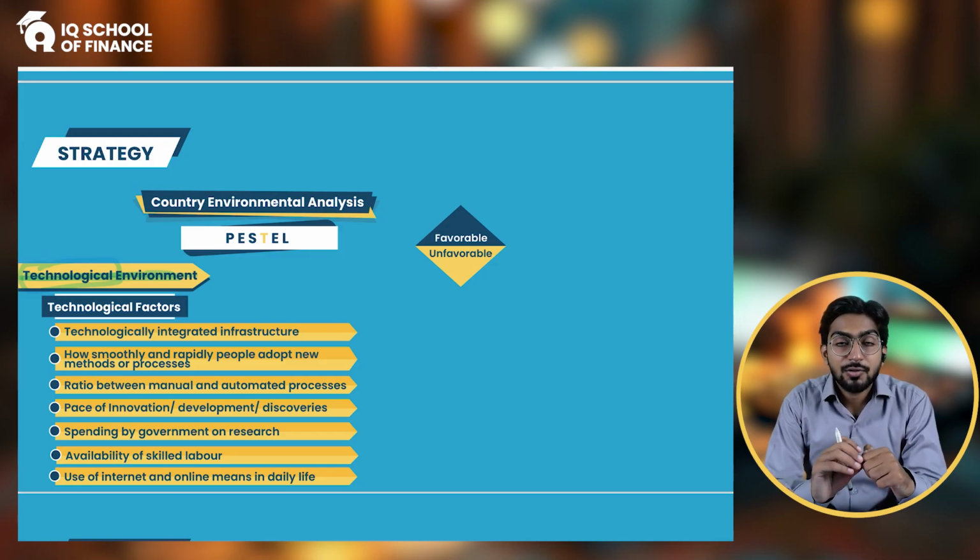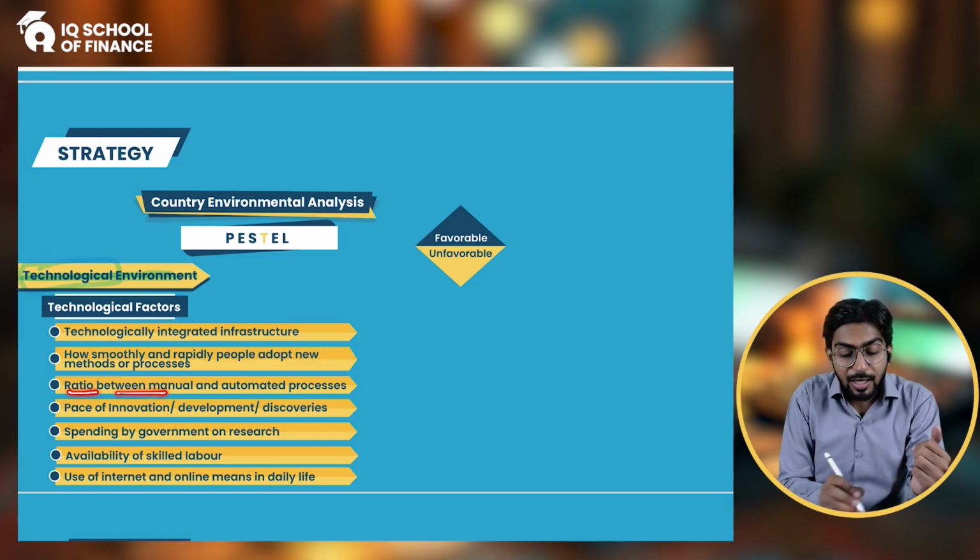If the technology is very advanced but the people are not accepting it, the people are not getting used to it, again there is no use of that technology, or the technological environment is unfavorable for you, because the people are not transitioning smoothly, right?